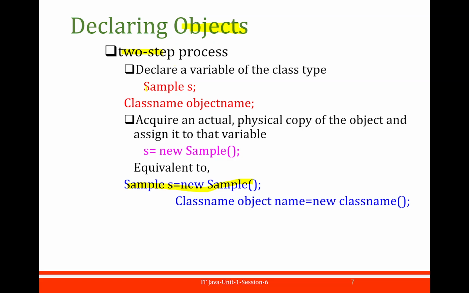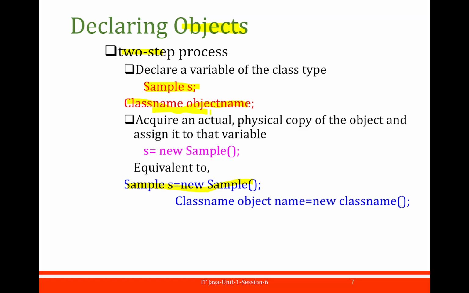During the first step, we create an object, or we create a reference to a class. The syntax is class name followed by object name, to create an object or to create a reference to a class. The reference to the class is the object.